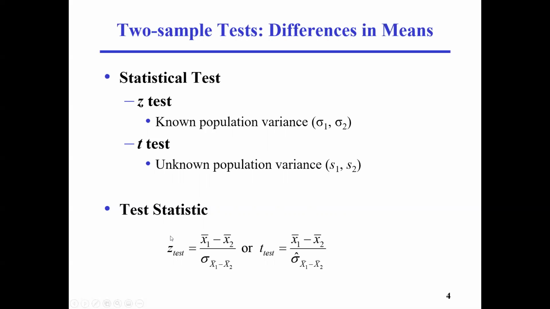Okay, and the statistics changed a little bit. For the z-test and t-test, the numerator is the same. It's simply the difference between two means from two samples. The denominator is different. Now we have sigma and sigma cap, and they are not about any sample here.